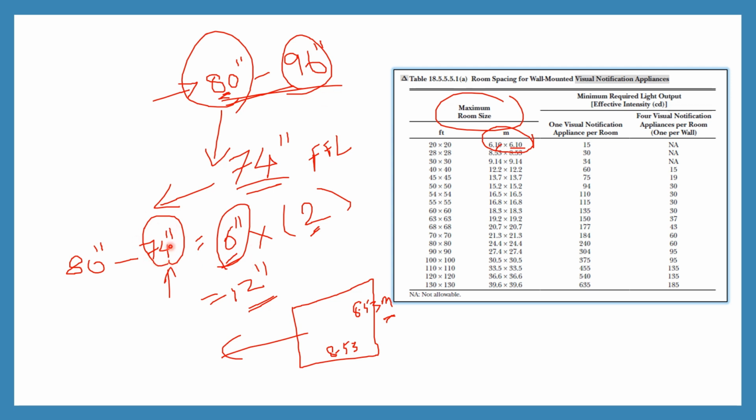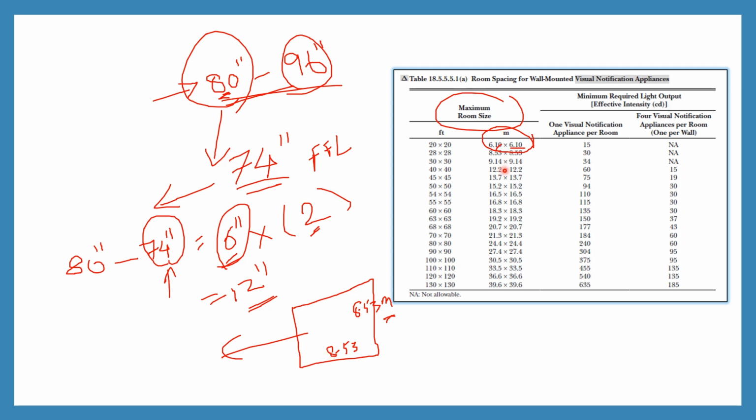So now we need to deduct the 12 inch from this particular table, and then select the strobe. So now I have 8.53 multiplied by 8.53.